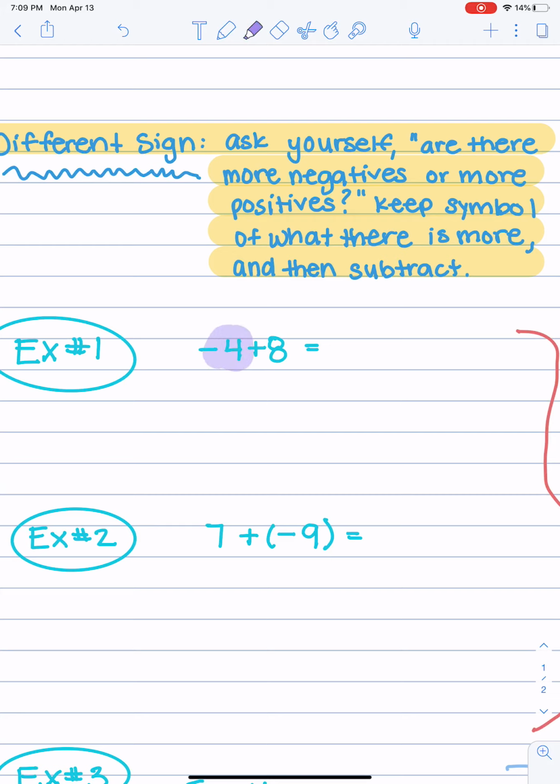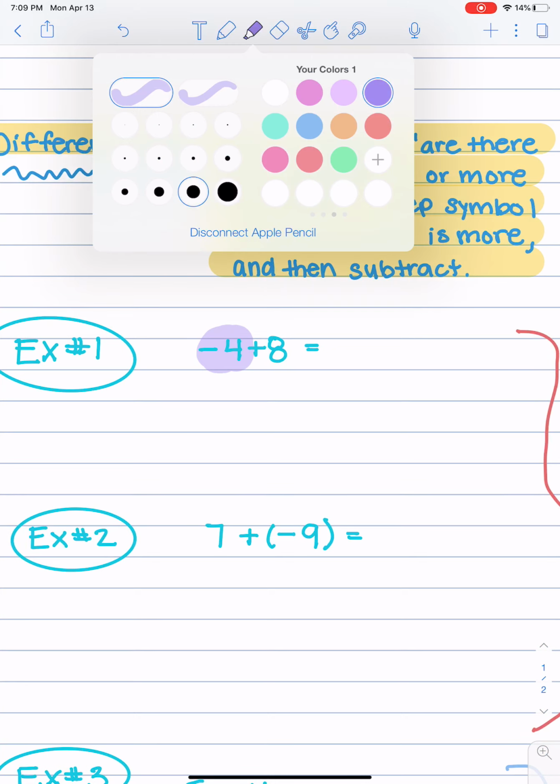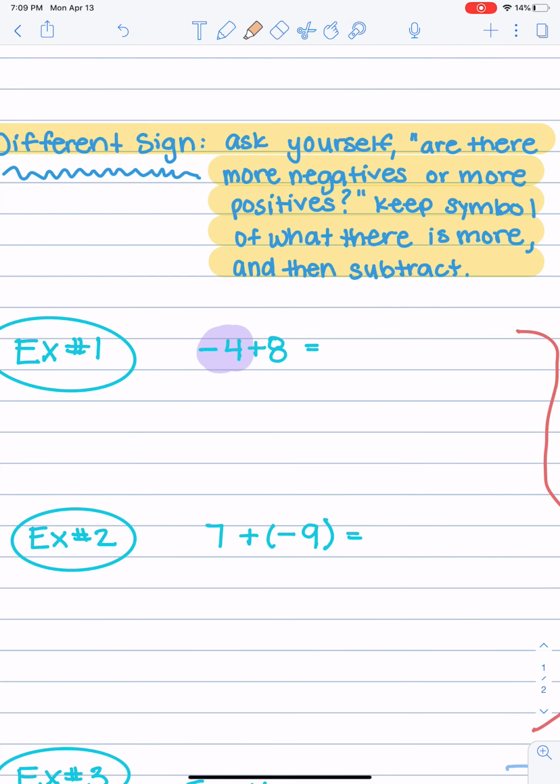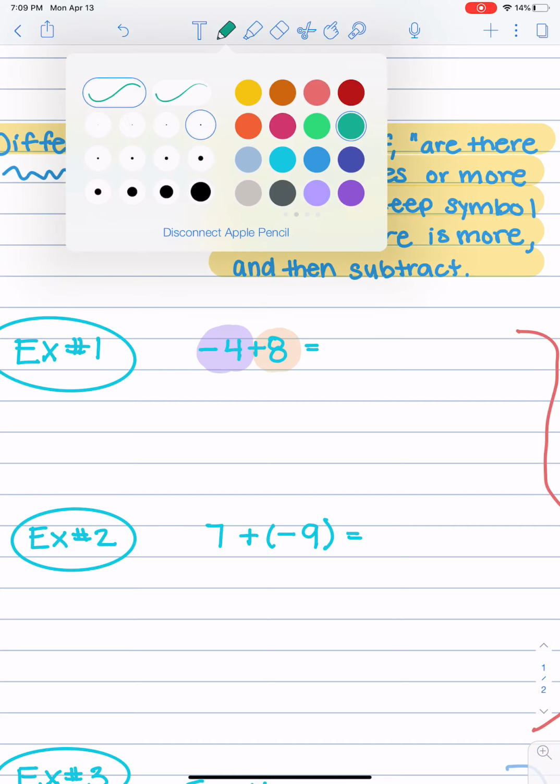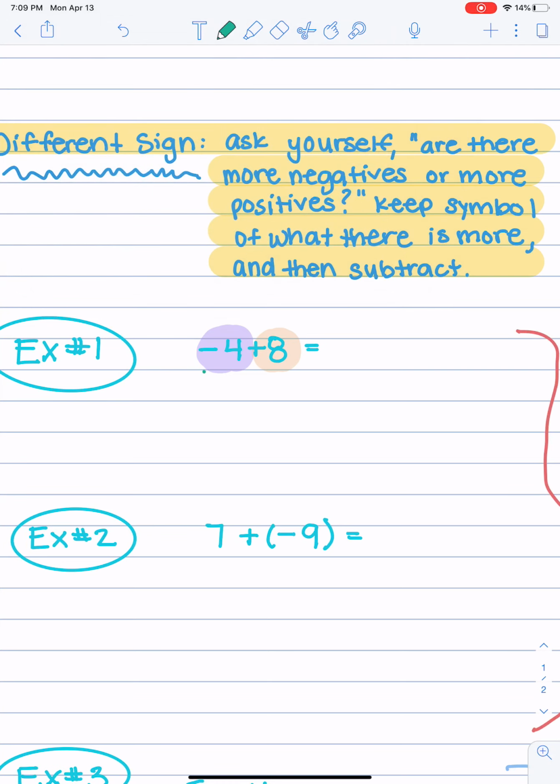This 4, it's negative. What about that 8? Is it positive or is it negative? Well, look at the symbol in the front. It's positive. So I have negative 4 and I have positive 8.